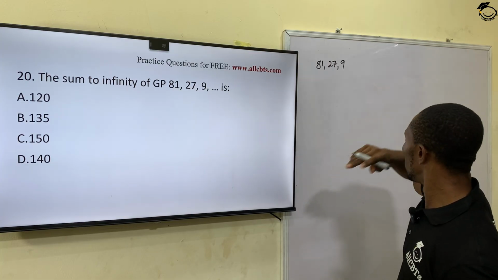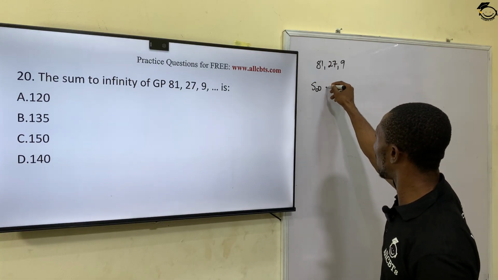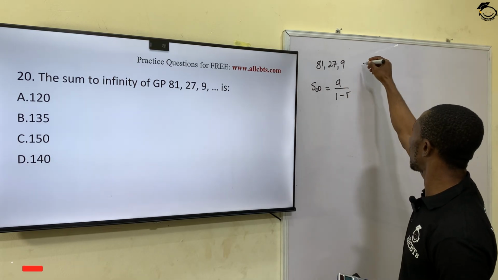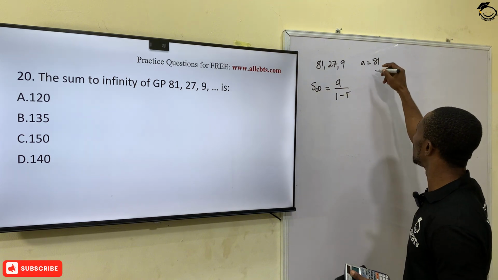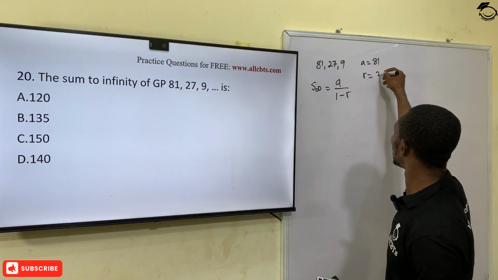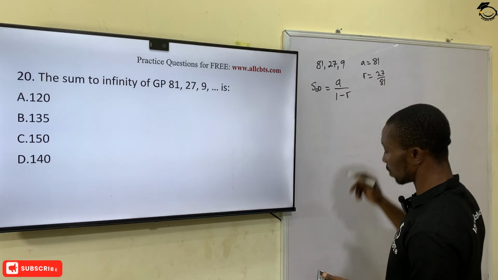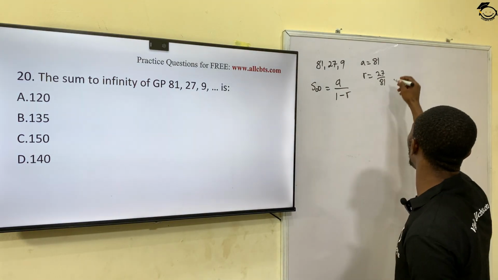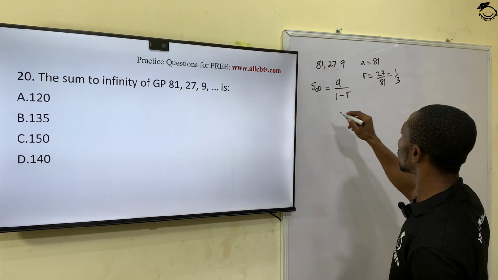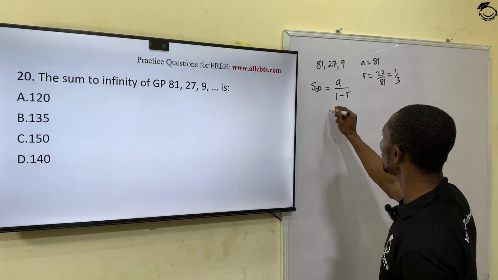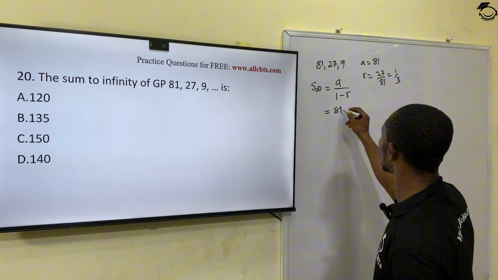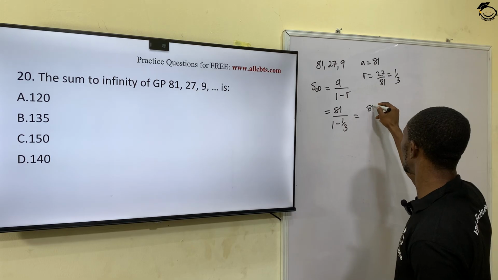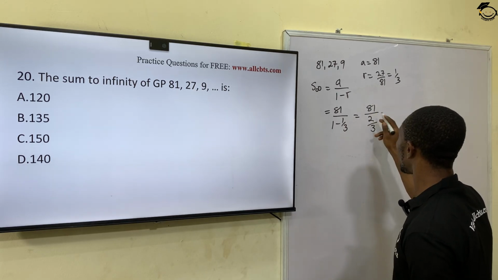If you're looking for sum to infinity, we have our formula as A all over 1 minus R. Here our A is 81 and our R will be 27 over 81, which gives us 1 over 3. So we have 81 all over 1 minus 1 over 3, which is 81 all over 2 over 3.